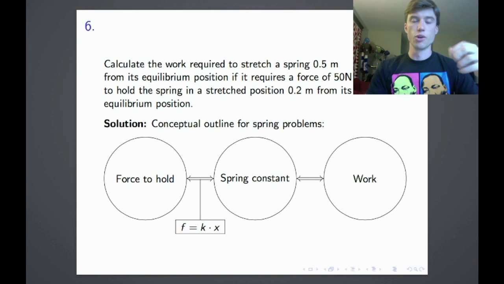Recall that the force required to hold a spring in a specific position is related to displacement by the formula F equals K times X, where K is the spring constant.